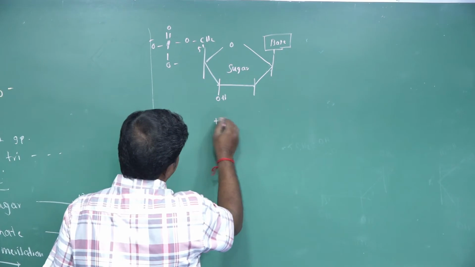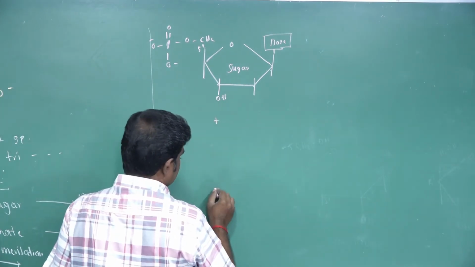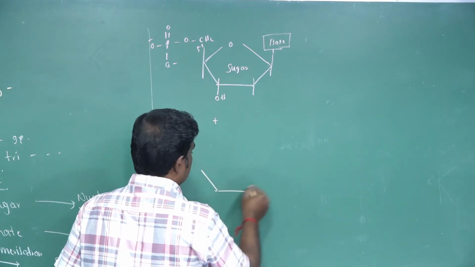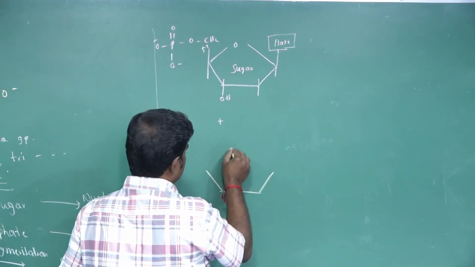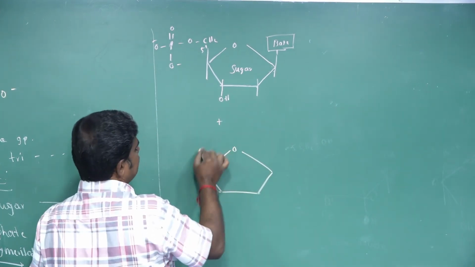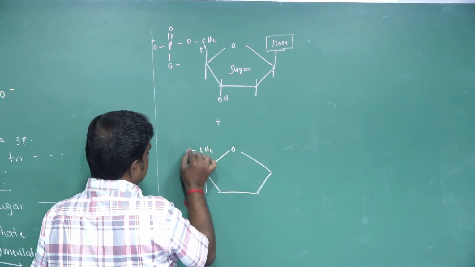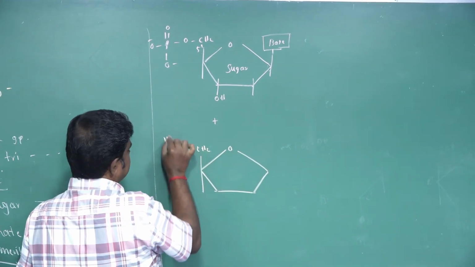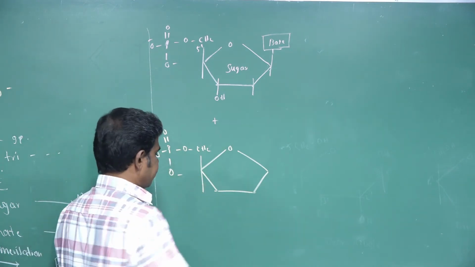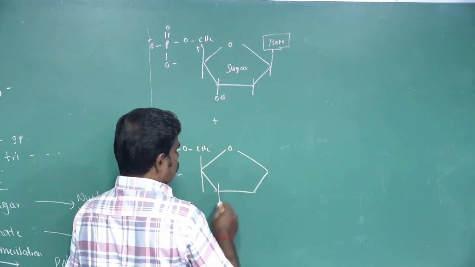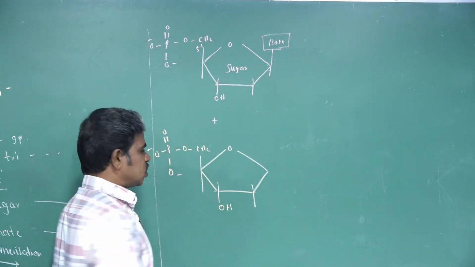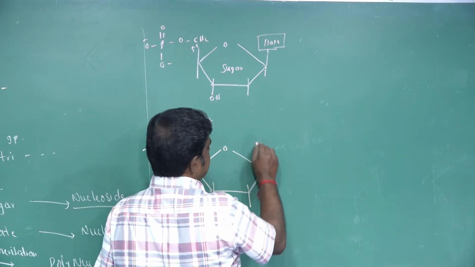Now it is attached with one more nucleotide, which has CH2 and O and phosphorus, that is the phosphate group, with O minus and O minus. Here the bond may be OH, and it may be DNA or RNA, H or OH, and here there is a base.